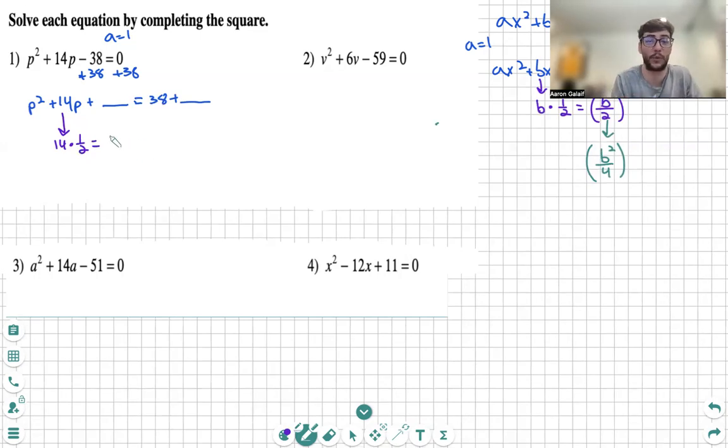After I get that, 14 times 1/2 is 7, positive 7. Make sure you keep the sign. It's important. I will then square this term to get my 49. And that arrow here, what I like to do up and down, becomes a 49. This 49 will go up into the blanks.